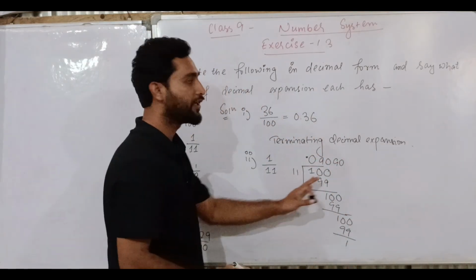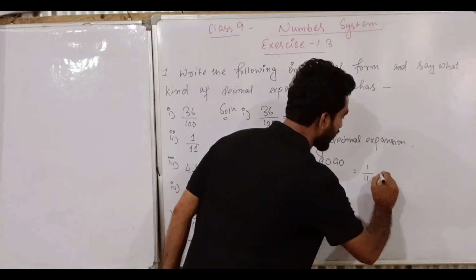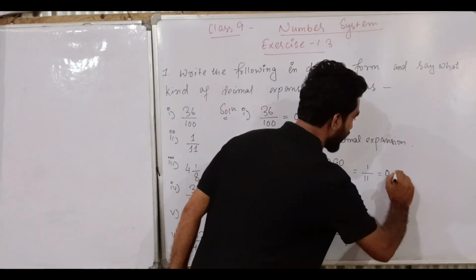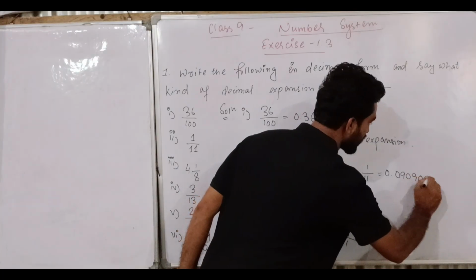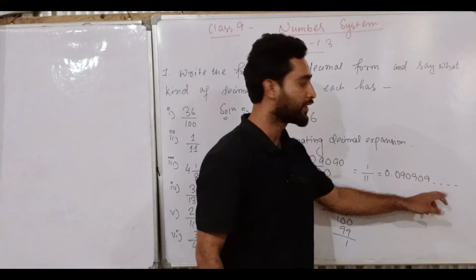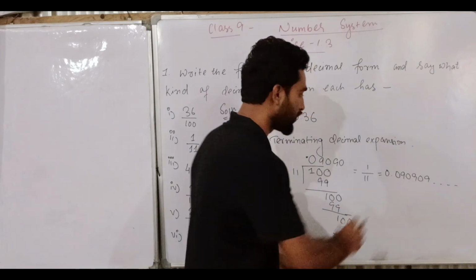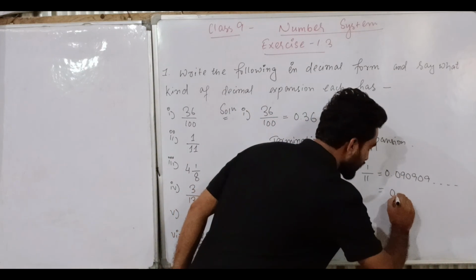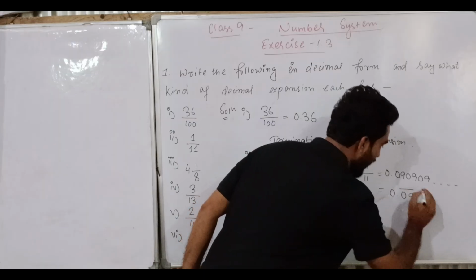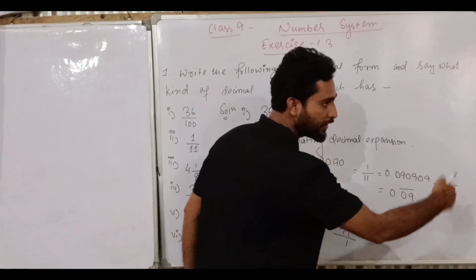So if we continue, we will find that if we divide 1 divided by 11, we will be getting 0.0909090909. So the digits will not terminate. So these two digits 0 and 9 will be repeating. So this one can be written as 0.09 bar. So above the 2 digits a bar is there, that means this set of digits will be repeating.